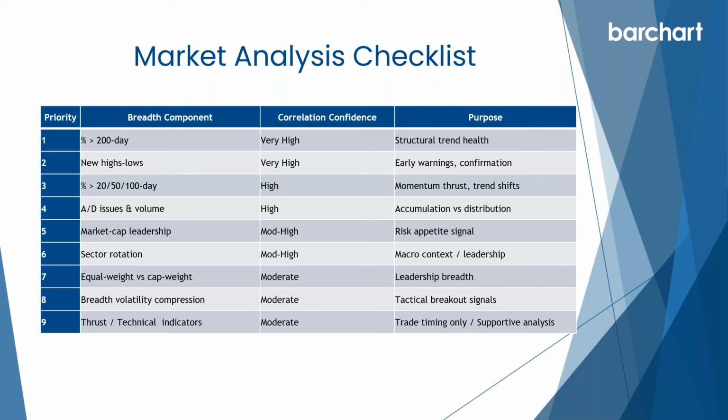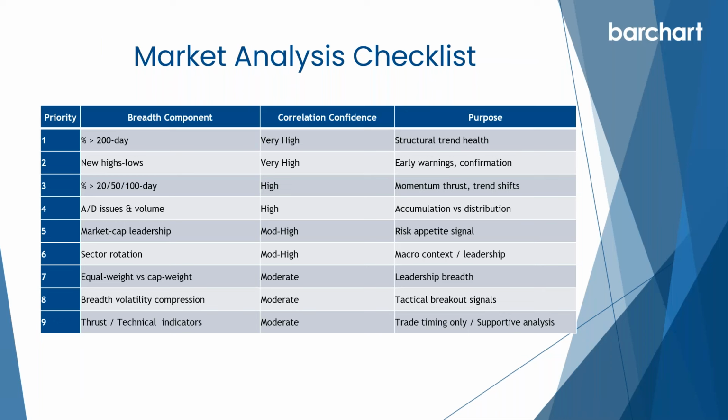Are we seeing our trend being confirmed, are our breadth indicators in concert, or are they in contradiction to what our trend is doing? And then something called thrust. So I mentioned this a little bit in the intermediate breadth analysis, thrust and technical indicators. Now this one is more for timing purposes, and probably a little bit more supportive.